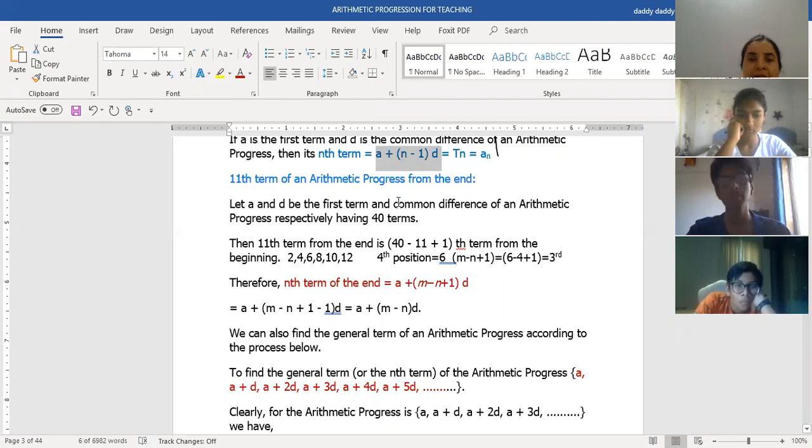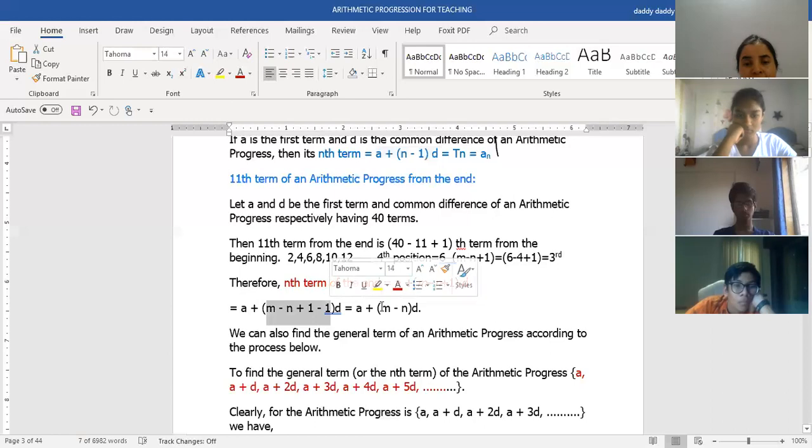But if I ask you what is the value of the term sitting at this position, which is m minus n plus 1 position, so in place of n you will put this m minus n plus 1, and this minus 1 will be there just like over here, and then finally you will get this answer. So this is another way of calculating. So please write it down.